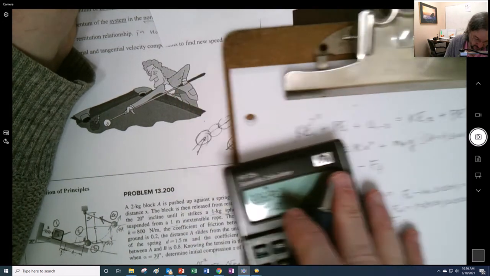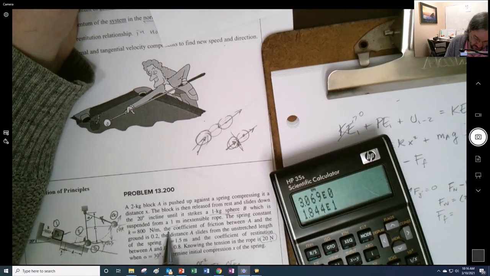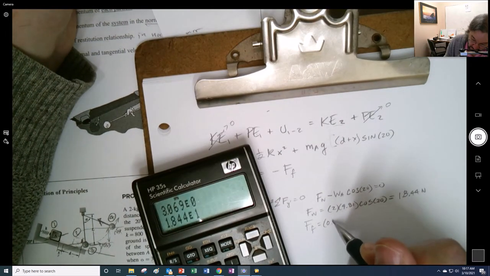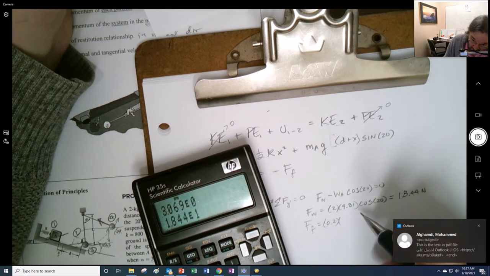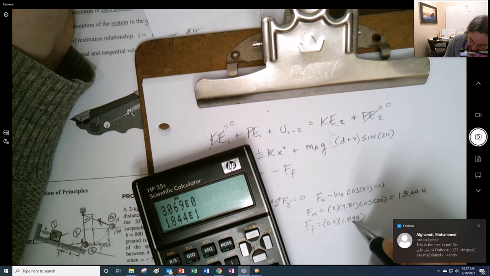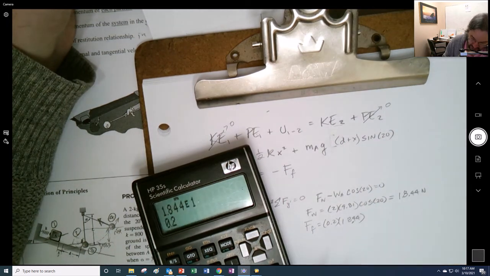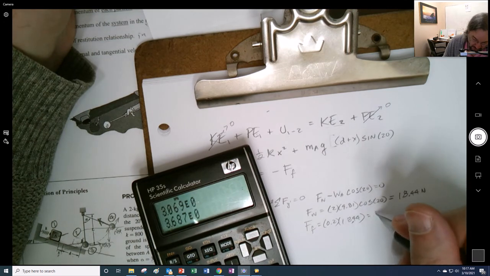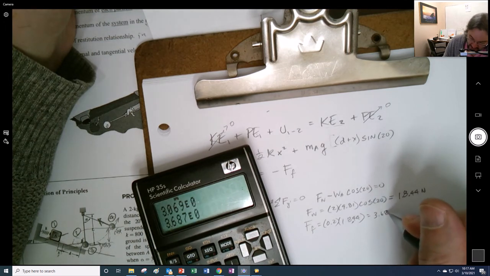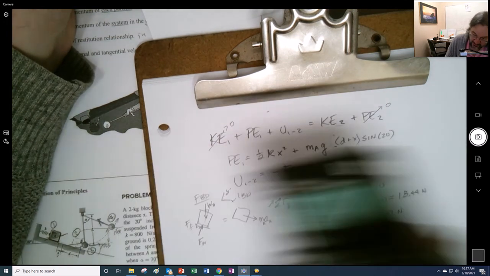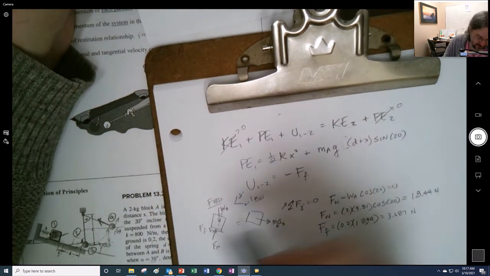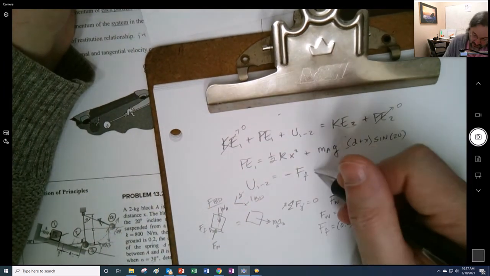Coefficient of friction is 0.2. 18.44, wow. Keep doing it. And then 0.2 times, we're going to end up with 3.687 newtons, okay. And that's going to be times the distance x plus d.